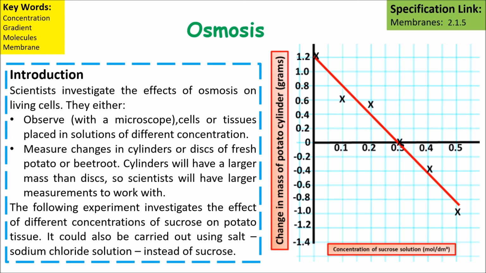So in a graph like this, we can work out what the water potential inside of the cell is, because it's where the lines all intersect. So we can see from this graph that the potato cells must have a water potential of 0.3, or a sucrose concentration of 0.3 moles per decimeter cubed.